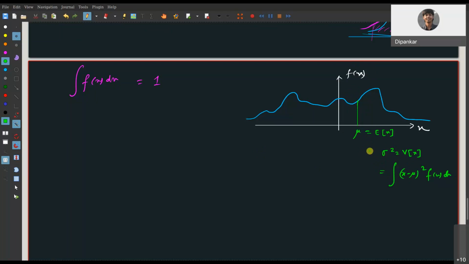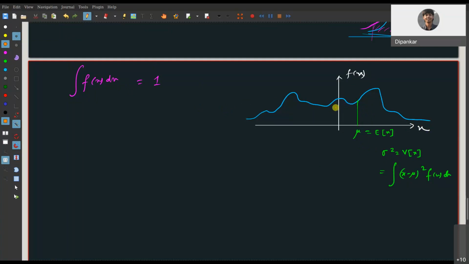Then my question is, what is the probability that doing a random measurement on x will give me a value that is outside k sigma from this mu?